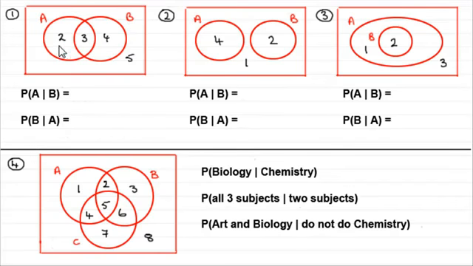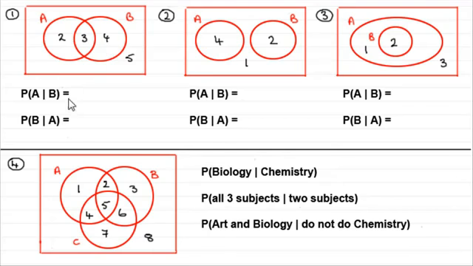So just looking at this, we've got two people for instance doing art only, three people doing art and biology, four people doing just biology, and five people doing neither art nor biology.